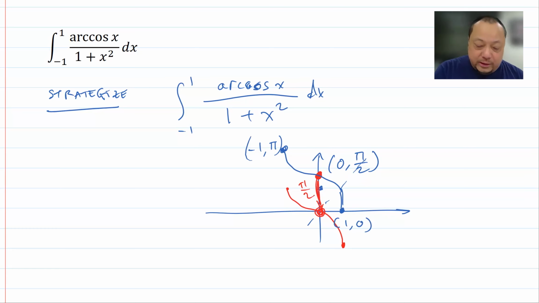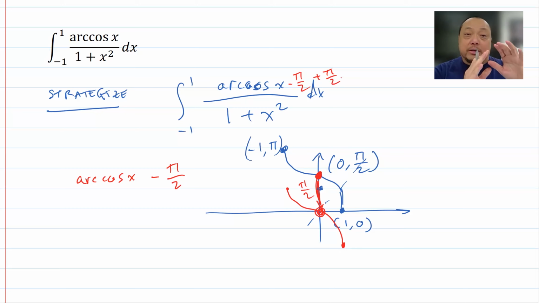So I want the function arccos minus pi over 2. And how do I get this function? I subtract pi over 2. So if I subtract pi over 2 and add pi over 2, then the part about arccos minus pi over 2, that part, the integral will be 0. The remaining part, pi over 2 over 1 plus x squared. Well, dx over 1 plus x squared is just the derivative of arctangent. So I know how to do that integral. So yeah, that's my strategy. I know my strategy now.